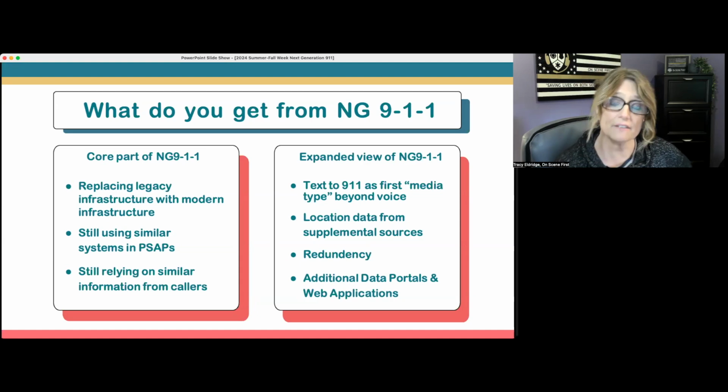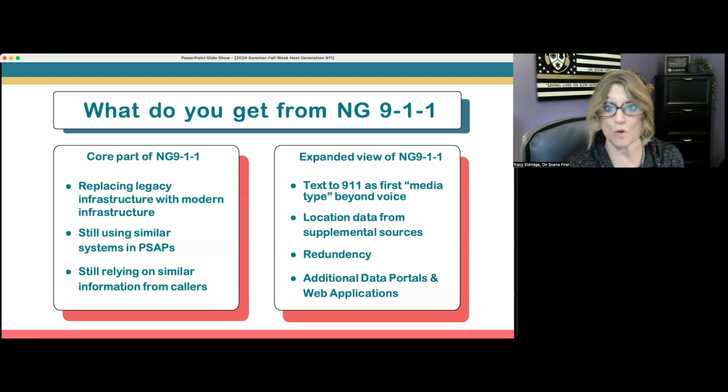And we're still relying on similar information from the callers and their devices. What an expanded view of Next Gen 911 looks like is being able to send additional media type data, with text to 911 being the first, and then getting location data from supplemental sources, location data from the device versus triangulation and tower location. It is also redundancy.